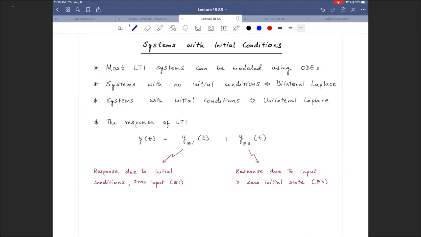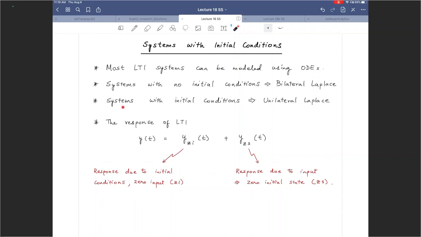Let's take a look at an example. Before that, a little bit of background. Most linear time invariant systems can be modeled using ordinary differential equations. We have seen that already. For systems with no initial conditions, we evaluate the bilateral Laplace transform of the ordinary differential equations. We have seen an example of that.